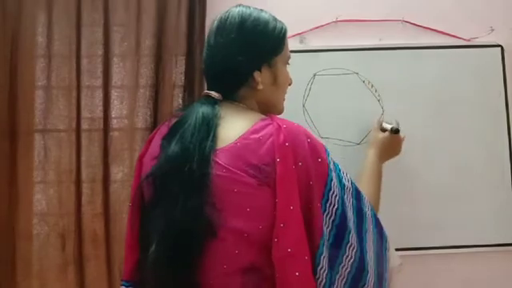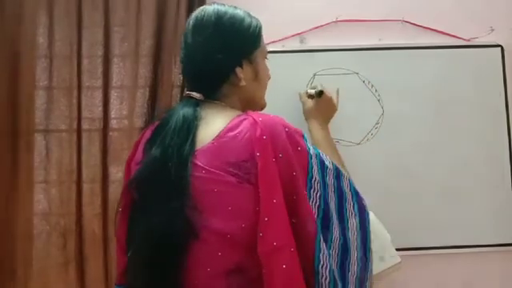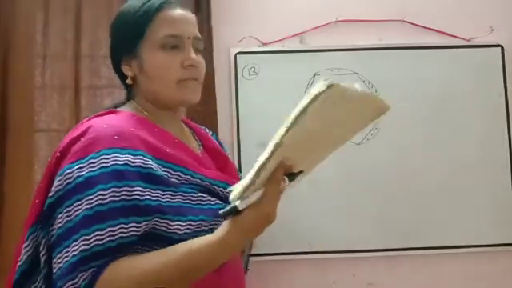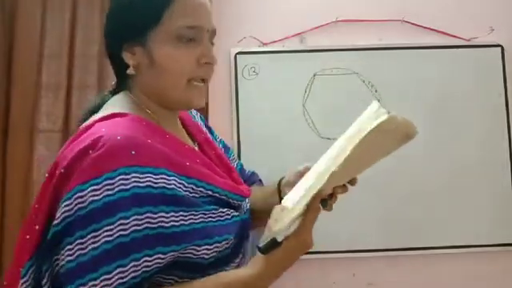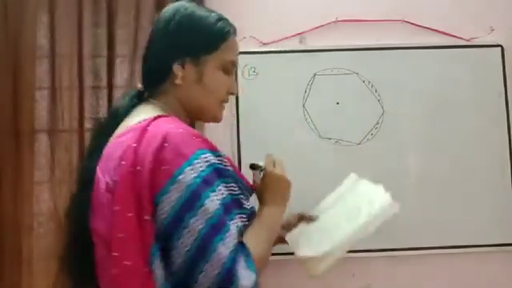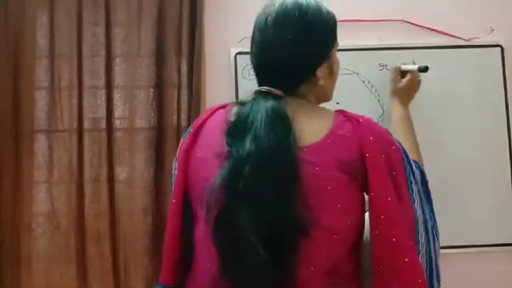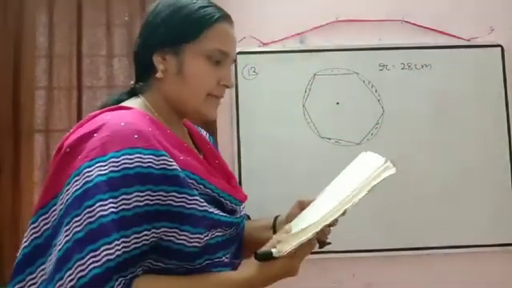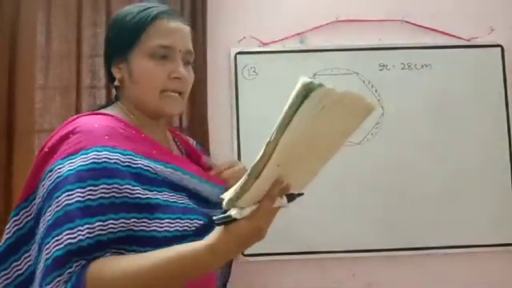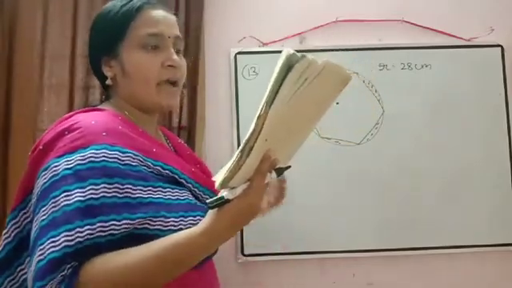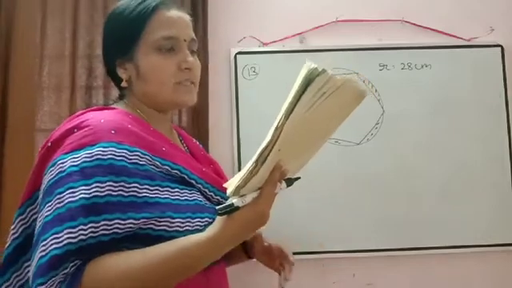If the radius of the table cover is 28 centimeter, so radius is equal to 28 centimeter. Find the cost of making the designs at the rate of rupees 0.35 per centimeter square.